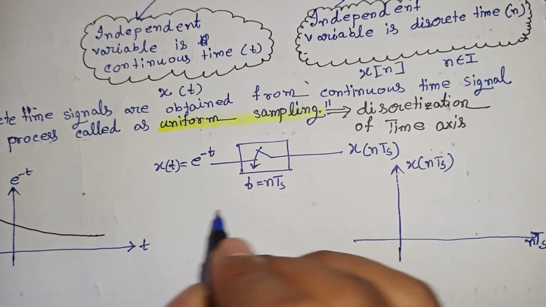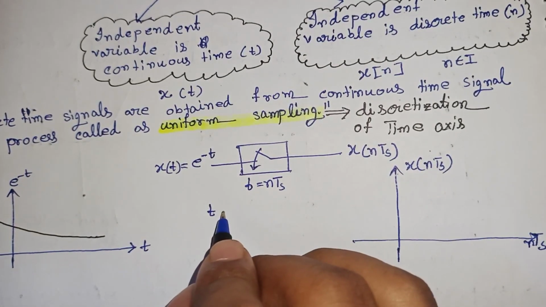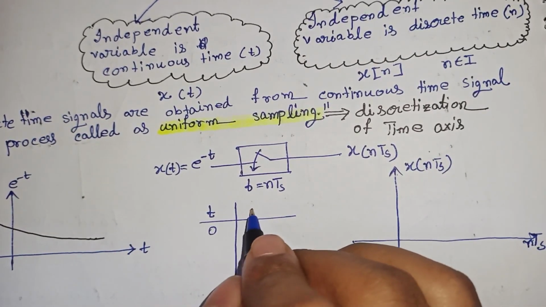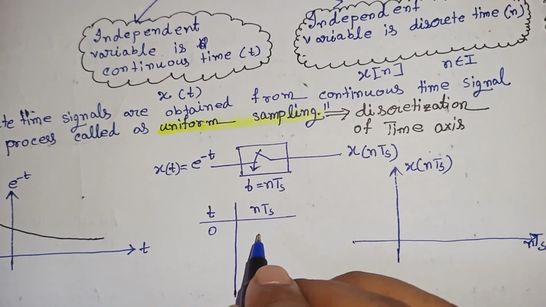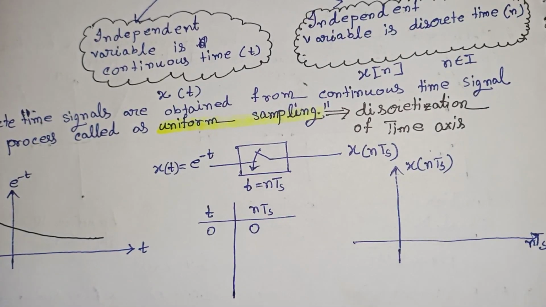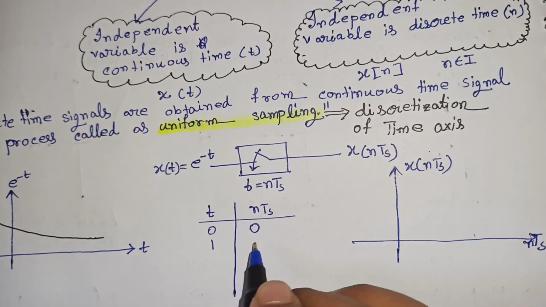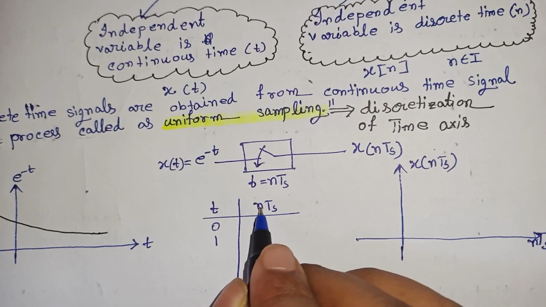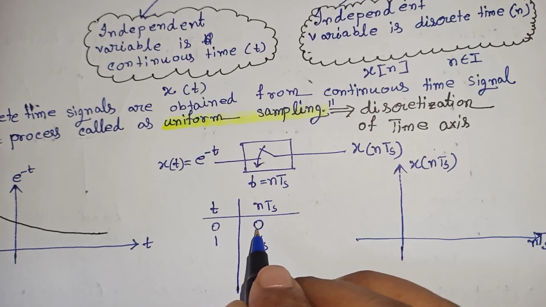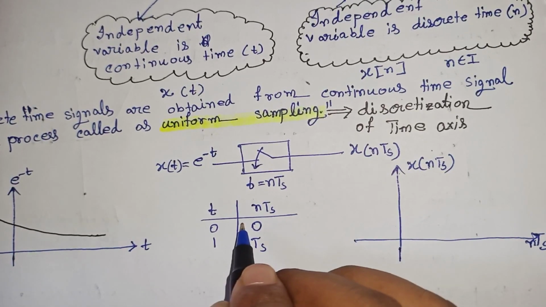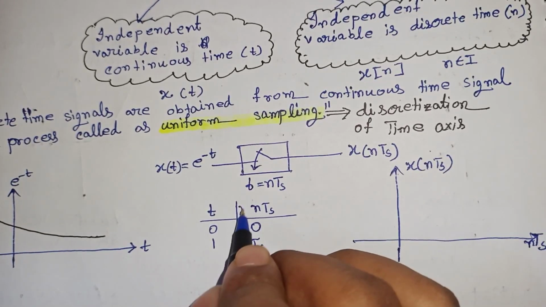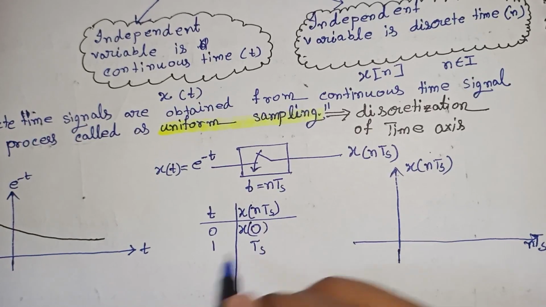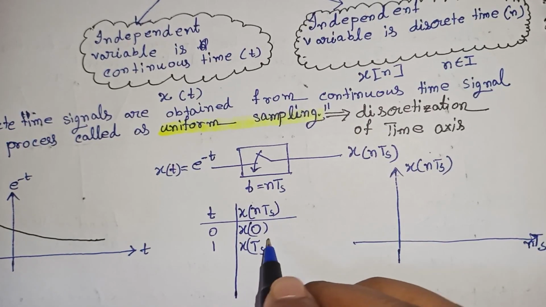Now, if n equals to 0, then nTs will be 0, so it is x of 0. If n equals to 1, it is x of Ts.